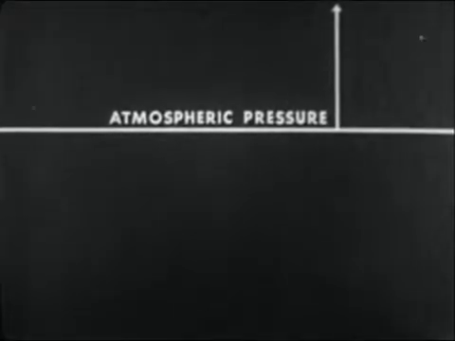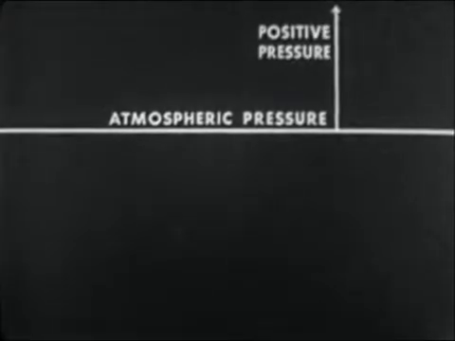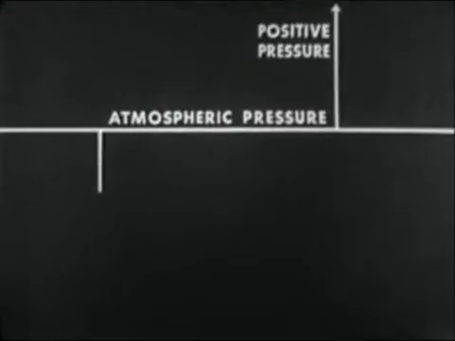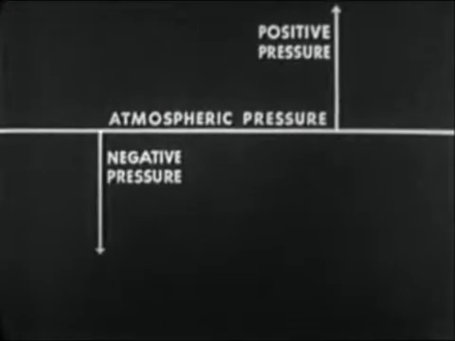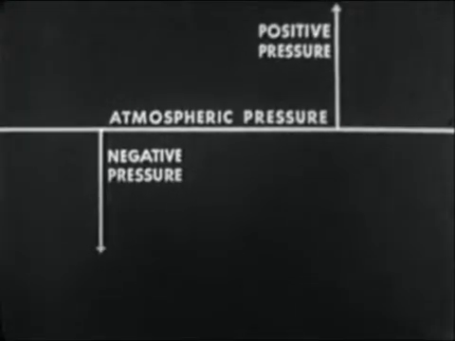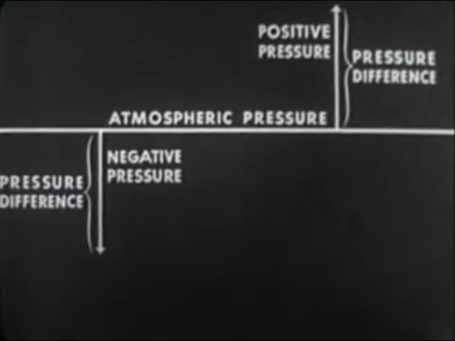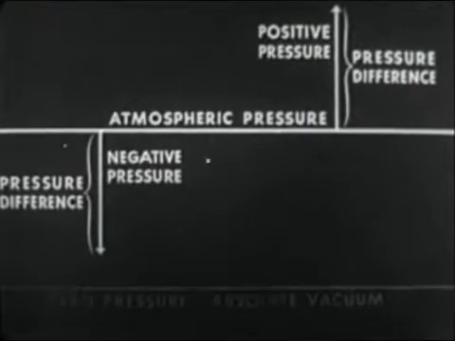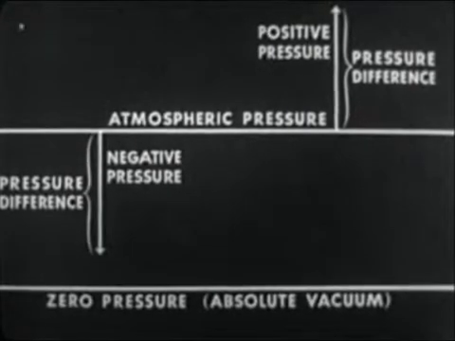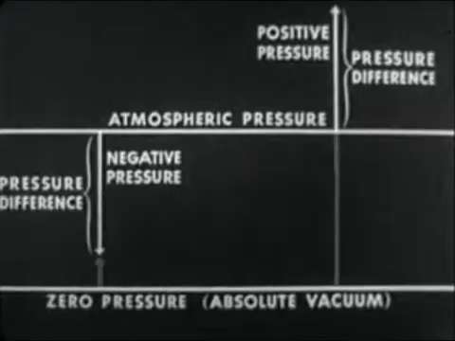Pressures above atmospheric are called positive. Those below atmospheric are called negative. Actually, these values are pressure differences with reference to the atmospheric pressure. With reference to absolute zero, all pressures are necessarily positive.